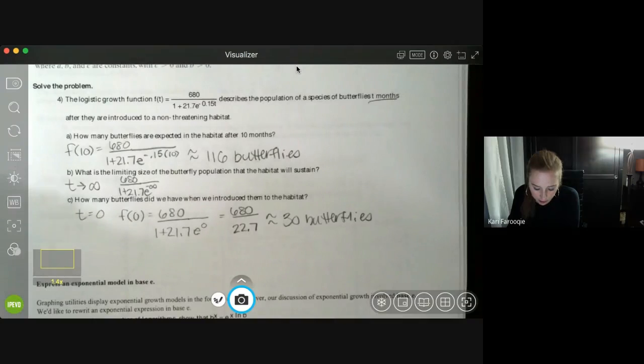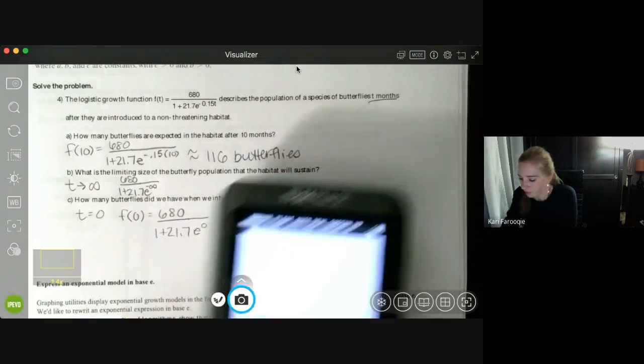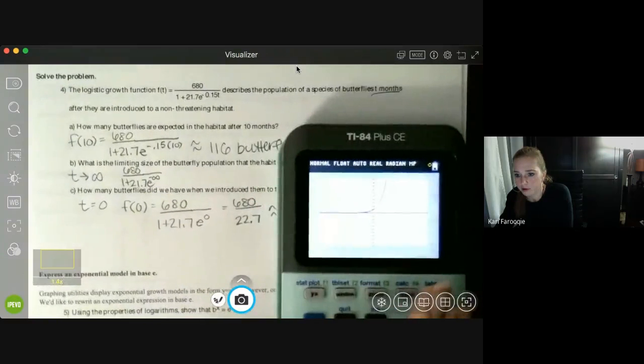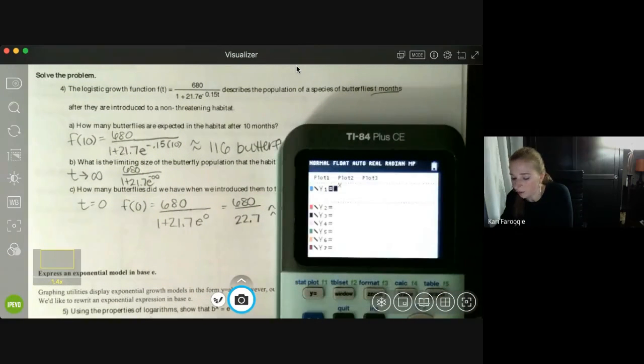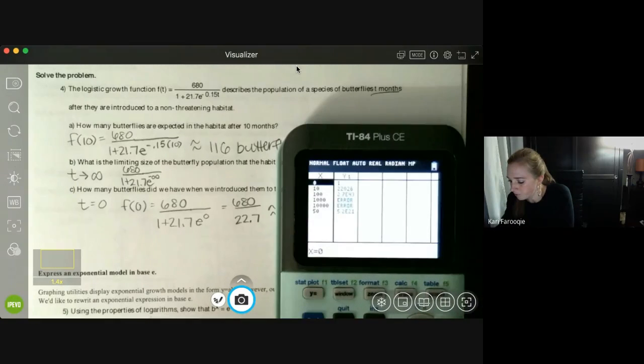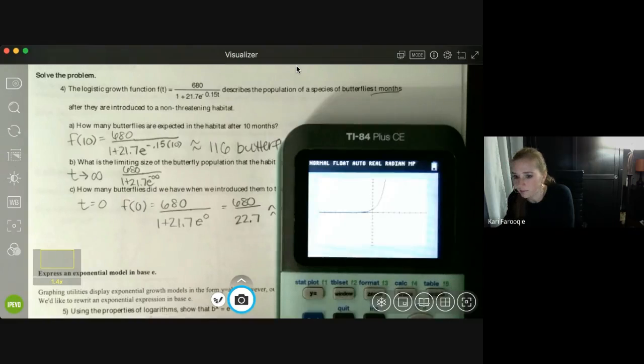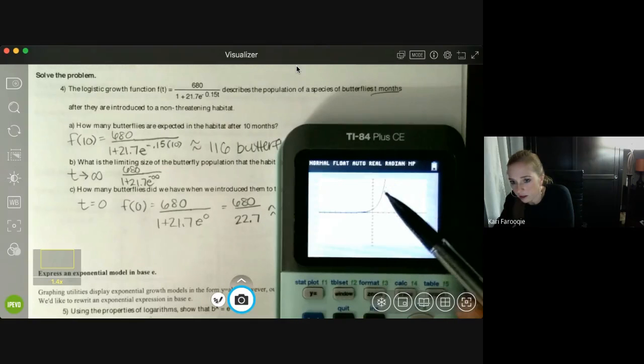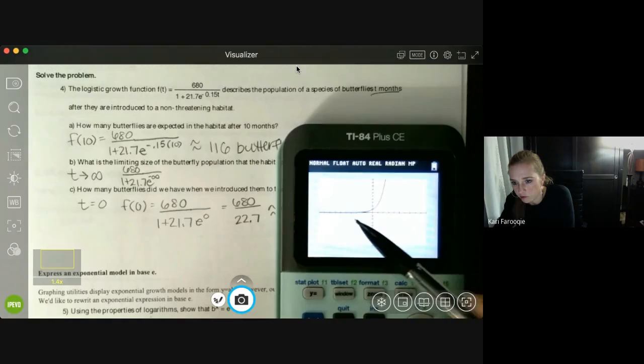Let's go back here. Sorry, I forgot to put this in my view. I'm graphing e to the x. So when you are looking at the graph of e to the x, graph, not table, notice that for e to the x, as x approaches values of negative infinity, y is approaching 0.